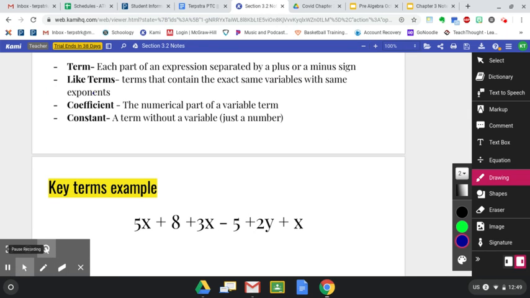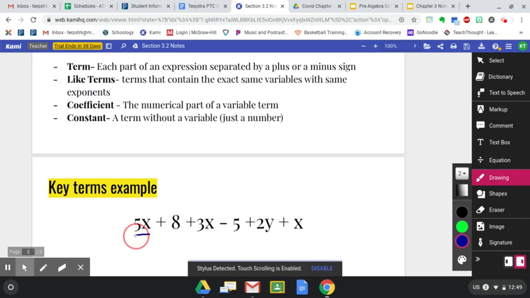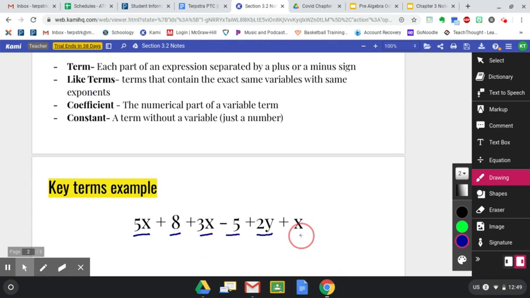All right, let's look at an example where we apply our terms to a specific example. First off, if we look here, each term, meaning the 5x, the 8, the 3x, the negative 5, the 2y, and the x, means there are 1, 2, 3, 4, 5, 6 terms to start in this algebraic expression.